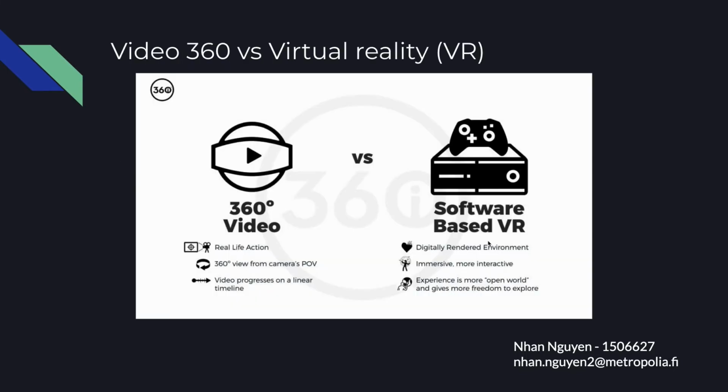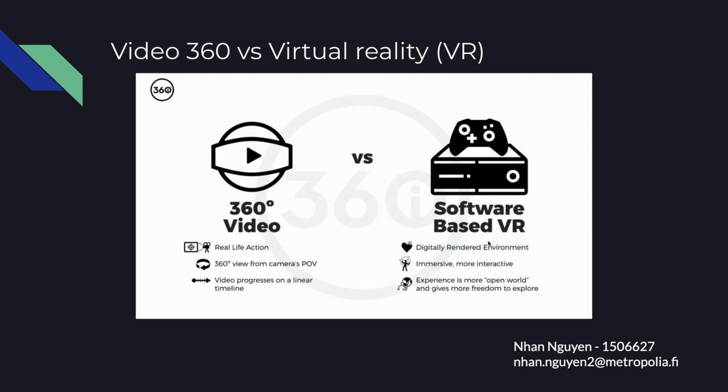So what is Video 360 and virtual reality? When watching 360 video, the user can move either left to right or top to bottom within a spherical space.